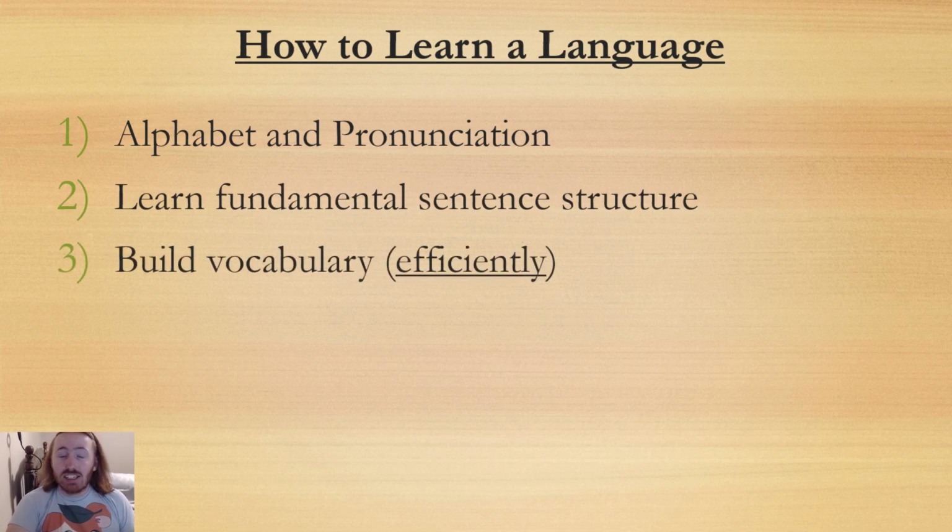The next thing you need is to start building your vocabulary set, and I have here efficiently. And so what this means is that they've done studies and found that the first 1,000 words of a language you learn will allow you to read like 70% of all text in the language. And then the next 1,000 you add after that only adds another 10% to your total vocabulary.